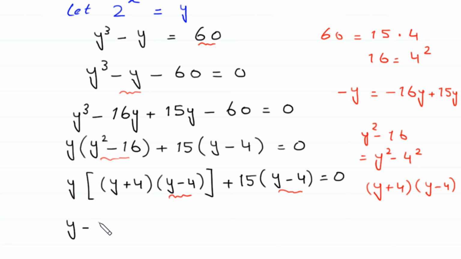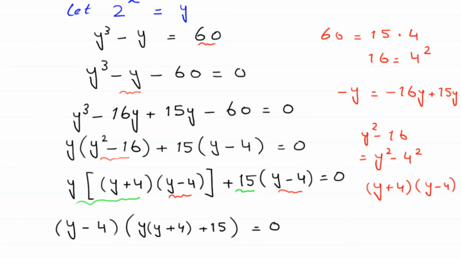Y minus 4 times, in bracket left, y times y plus 4 plus 15 is equal to 0.